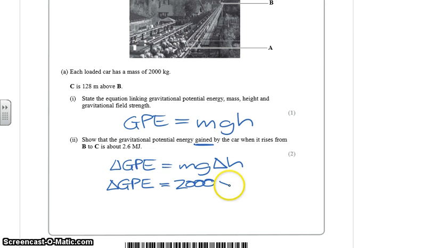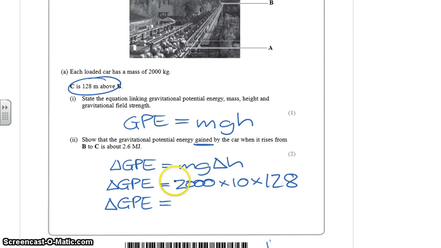Mass is 200. G is 10. You should remember that. But if you can't remember that, it's on the inside cover of the exam paper. And then the change in height is 128 meters. Stick all of that into a calculator, and you get 2.56.